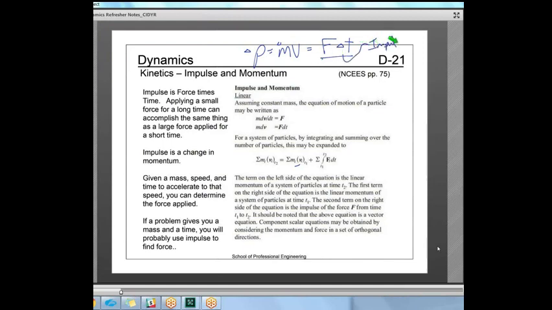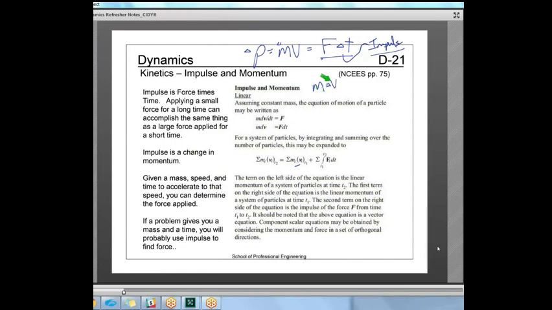So if you see the term impulse, and for civils, I really don't think you will, that's impulse, F times delta t. And the idea is, if I want to change a mass's velocity, I can use a small force over a large amount of time, or I can use a large force over a short amount of time. And using either of those methods, I can apply the same amount of impulse to change its momentum, which means change the mass's velocity.